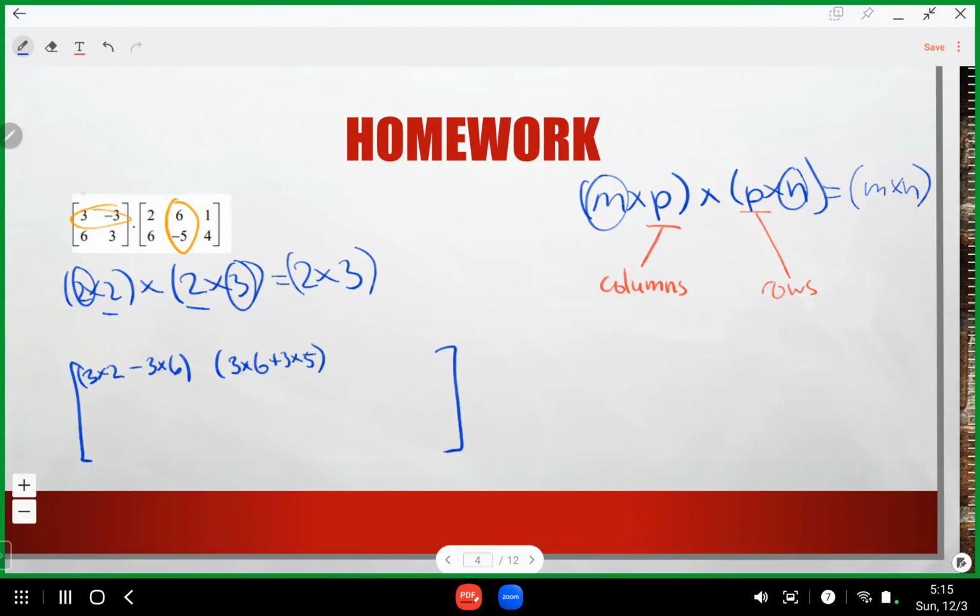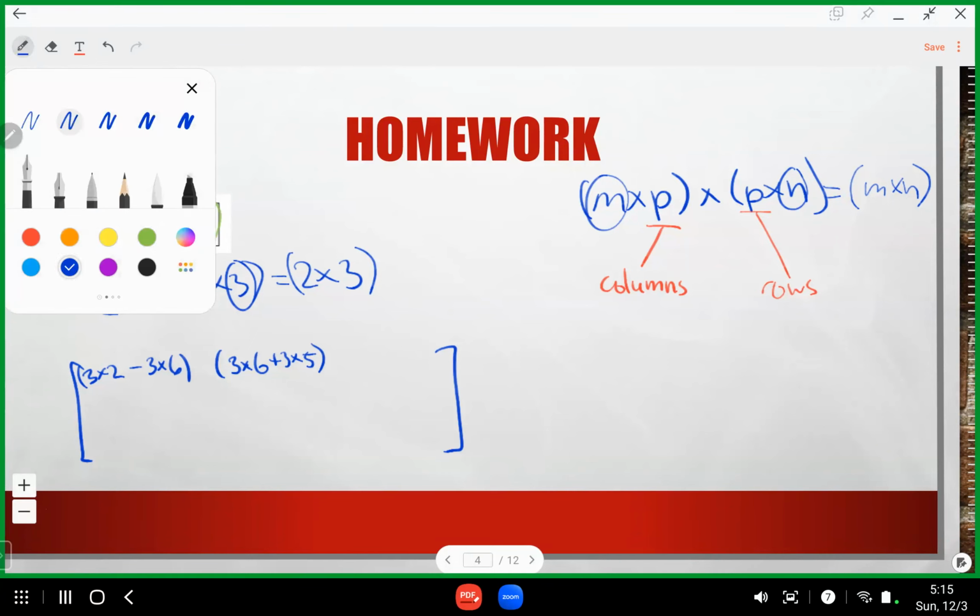So as you can see, this element corresponds with this element, and we're basically multiplying them together and adding them to make one element, right? The next one obviously would be these two, and you're just going to complete that until you finish the whole matrix.